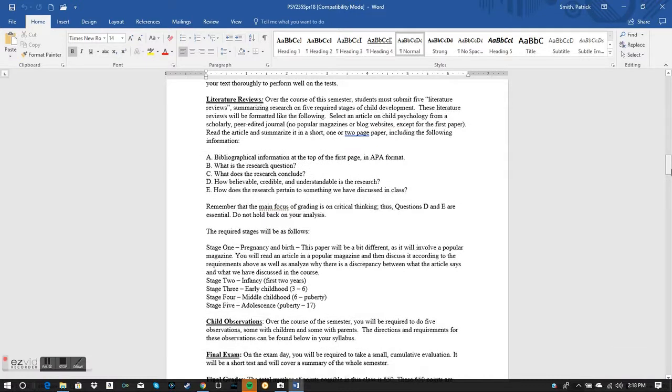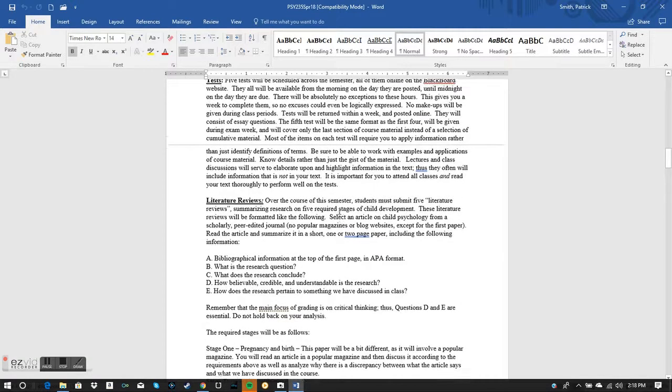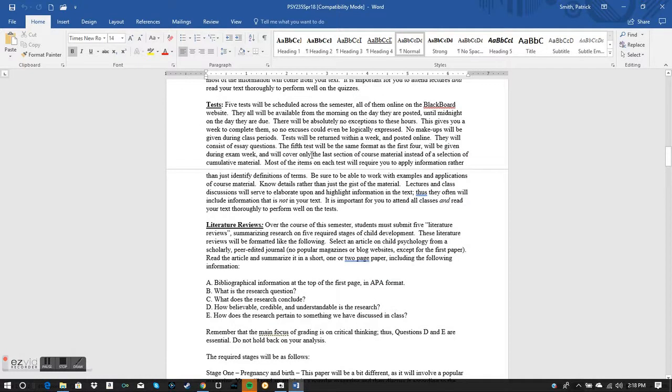The literature reviews are about the literature, which is psychology research. So we're understanding what the textbook says. We're seeing what children are actually doing with our child observations. And then it's important also to understand what our research is telling us about how children develop and the psychology of children. So you're going to be reading those and using a little critical thinking to deal with that.